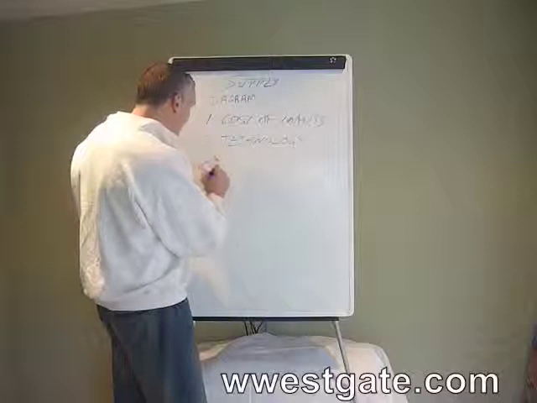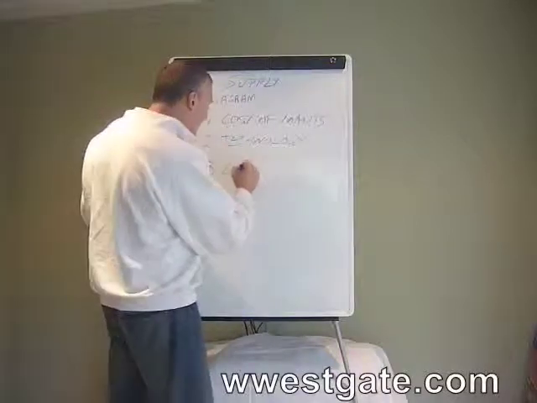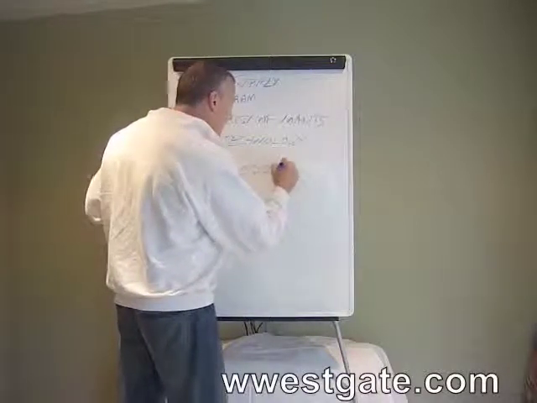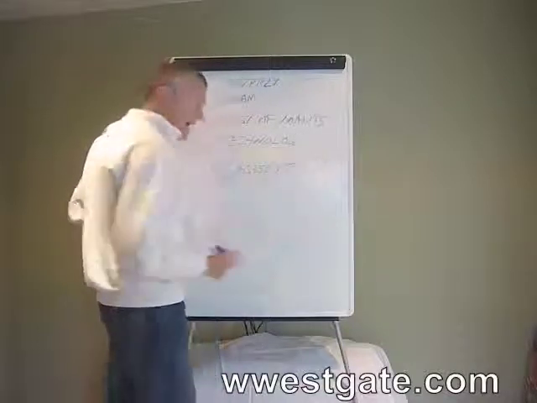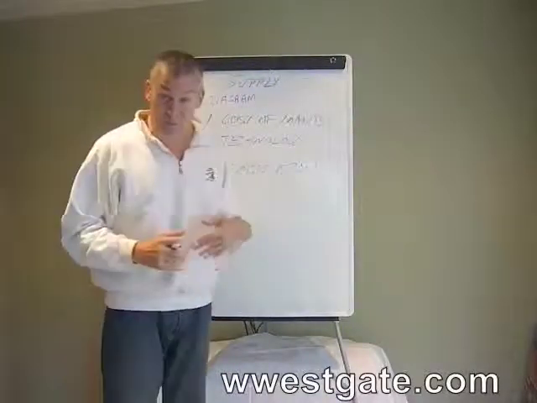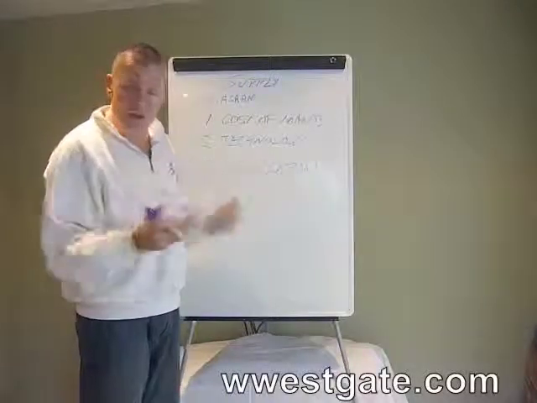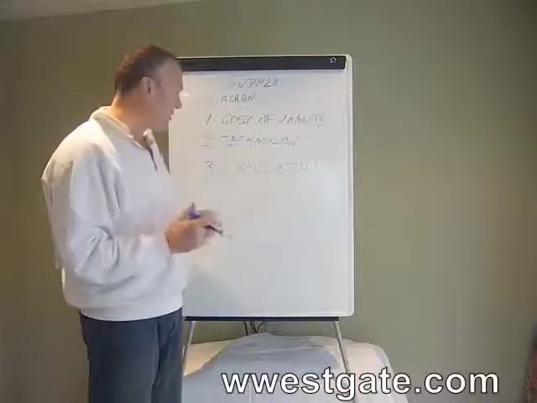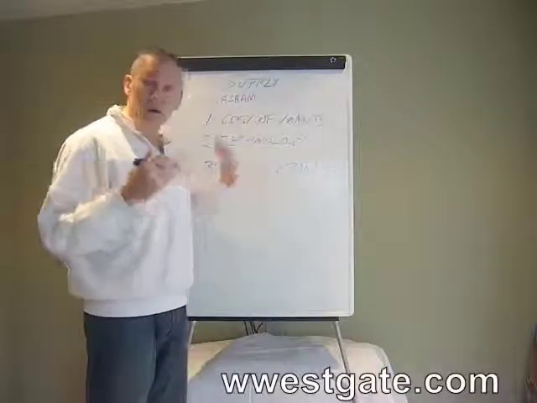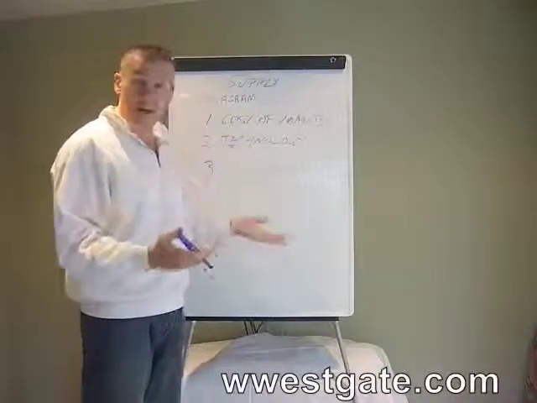A third key factor here is legislation. That is, if the government has determined that the production of a product is to be encouraged, that they really like this product, it's very good for us in general, some health foods and so on and so forth, they will encourage the production of this through subsidizing the producer.